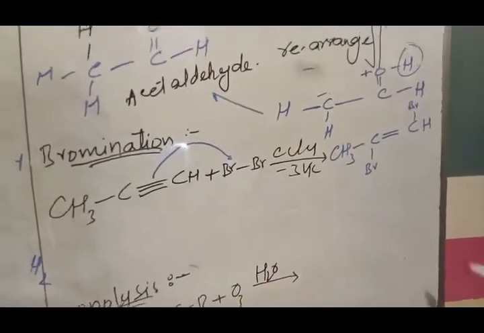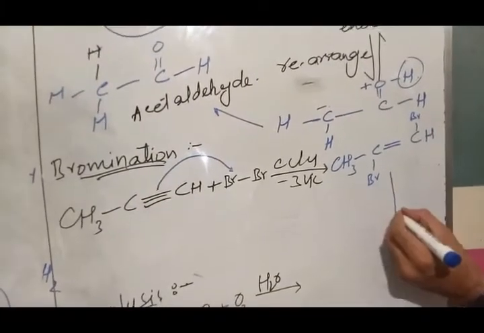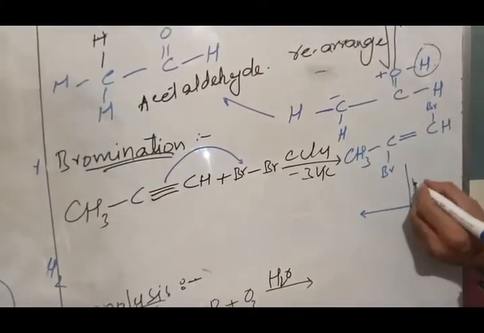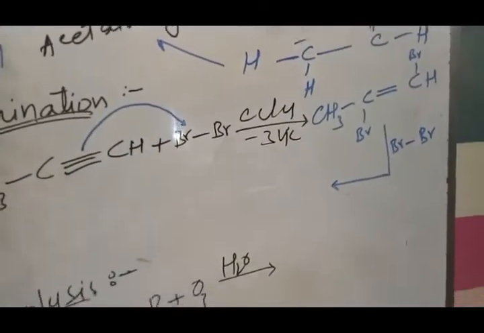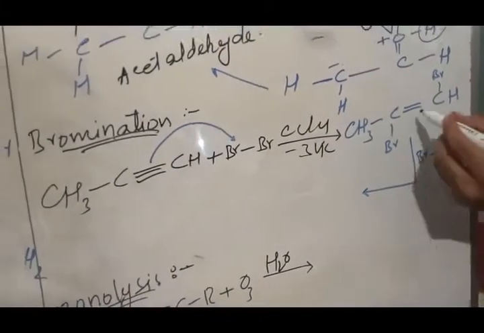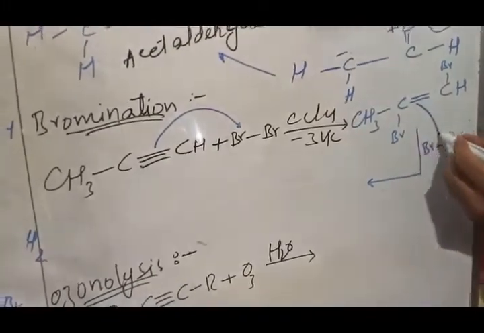Now it means we have a double bond remaining, so we can further react this molecule with bromine. Again the arrow will come from the nucleophile to bromine.